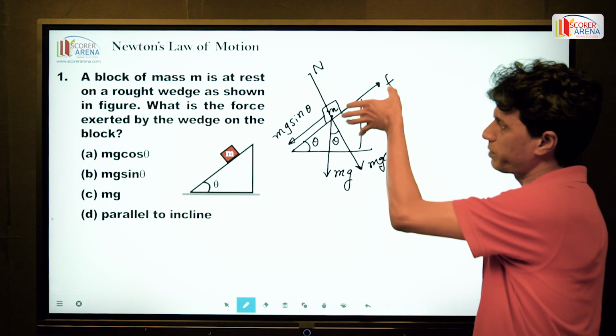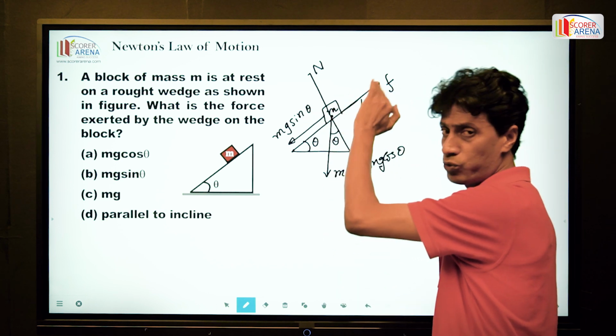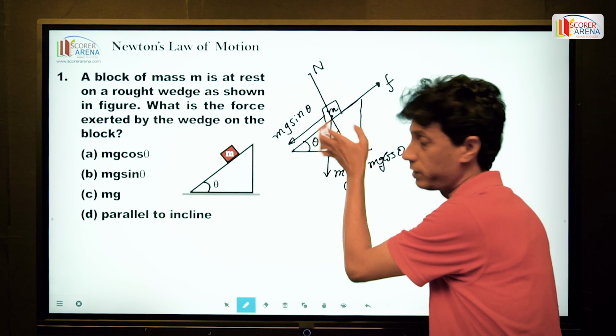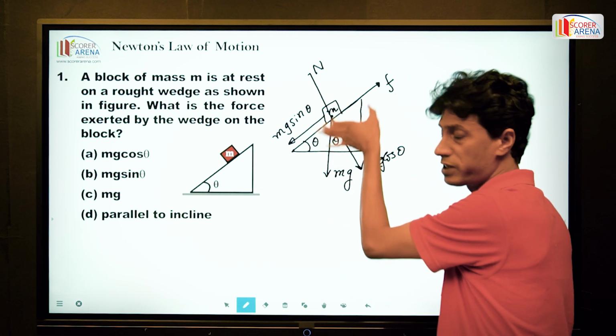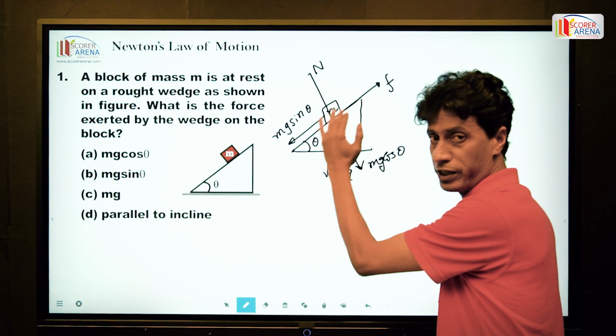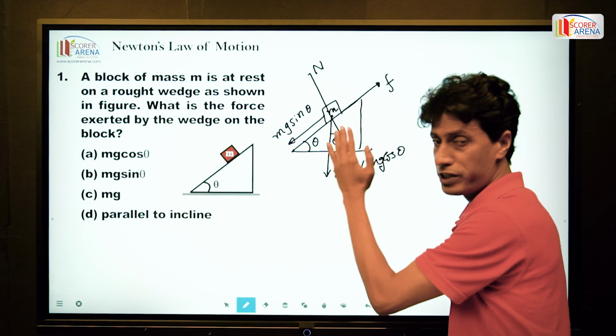Because of this mg sin theta, the body has the tendency to move down, but friction always resists this relative motion. Since this body is in static condition, the body has no relative motion, but it has the tendency to move down.